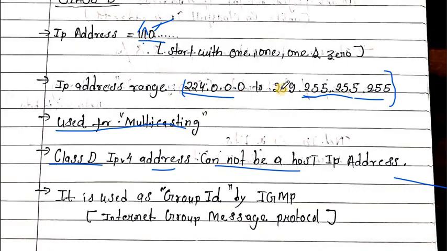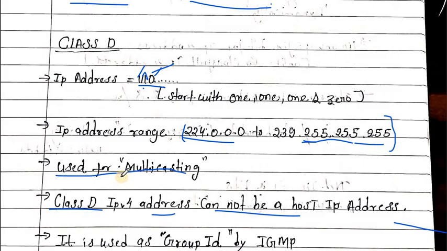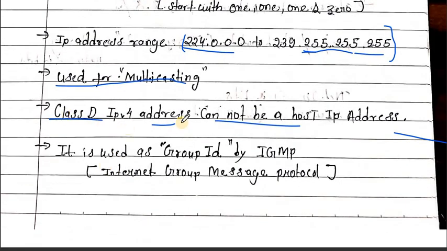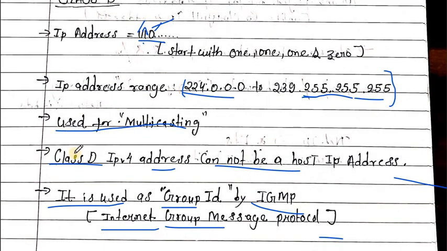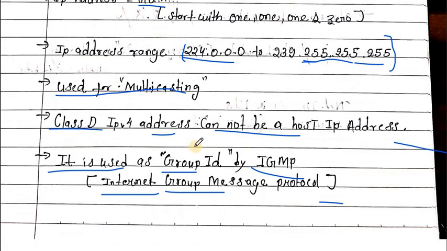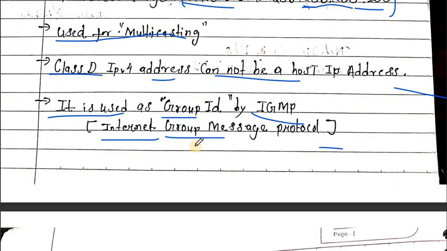So class D IP addresses are used only for multicasting, and cannot be the host ID of any IP address. It is used as a group ID by the IGMP protocol, Internet Group Management Protocol. We will see it later. So confirm: class D IP addresses start with 1110, are used for multicasting, and cannot be a host IP address of any network.